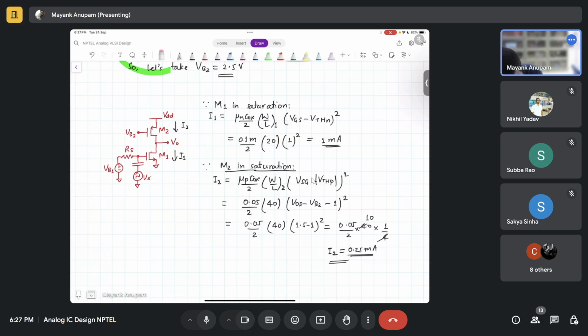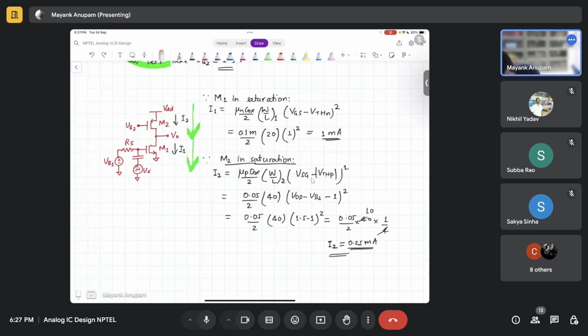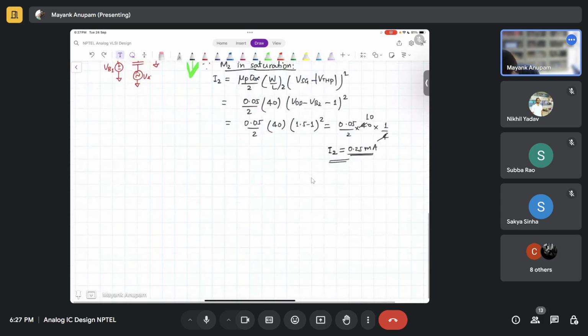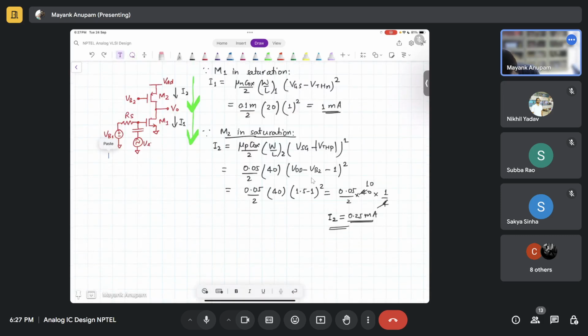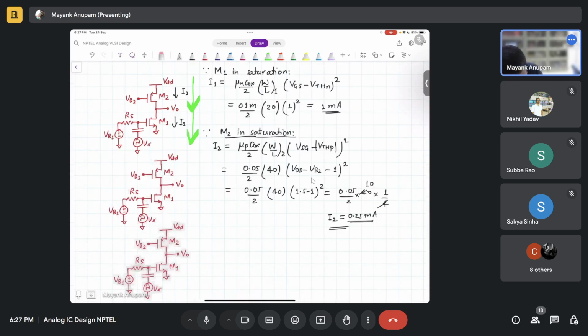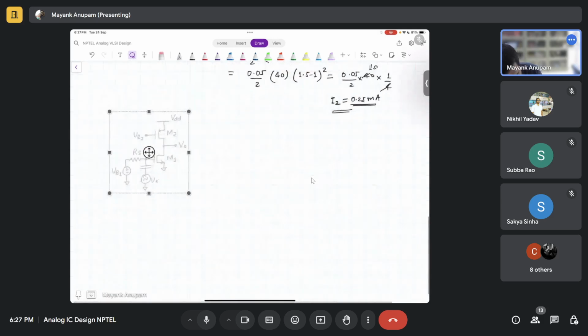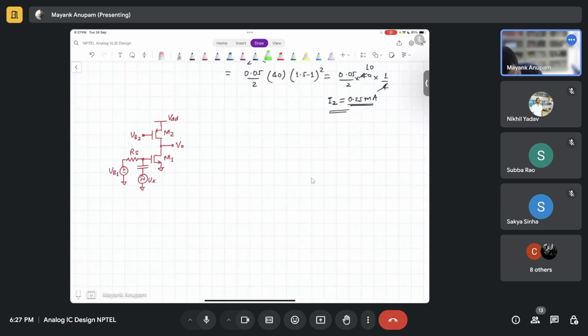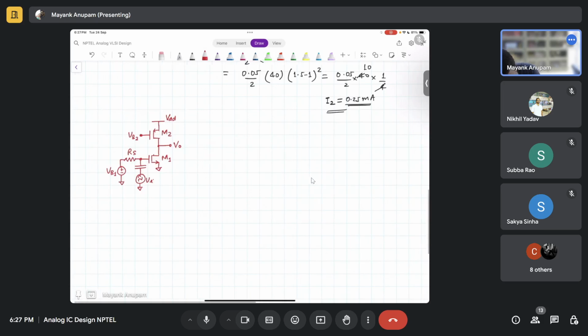So how does it look like, basically, between drain and source? Here it looks like it is a current source, right? Here also it looks like it is a current source. Am I correct or not?